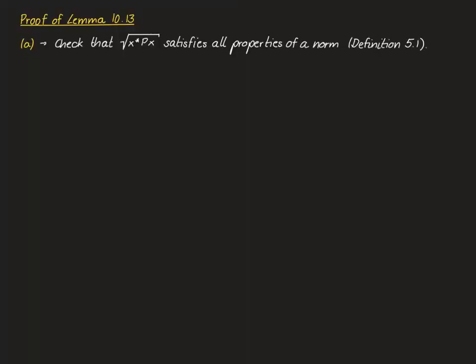The proof of Lemma 10.13 is again not very hard. For part A, all we need to do is check that the expression square root of x star P x satisfies all properties of a norm as stated in Definition 5.1. For part B, we need to verify two things.